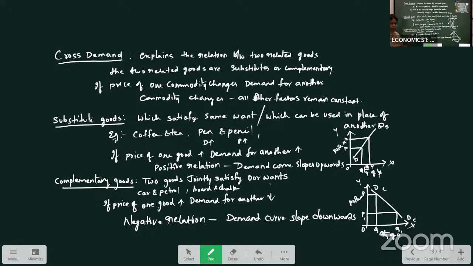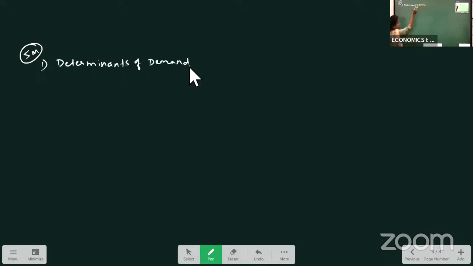In this demand analysis, just see the questions we have discussed. 5 marks questions. First, we have done determinants of demand. If you want these answers, you can go through the previous chapters, what we discussed yesterday, day before yesterday and all. Then law of demand.